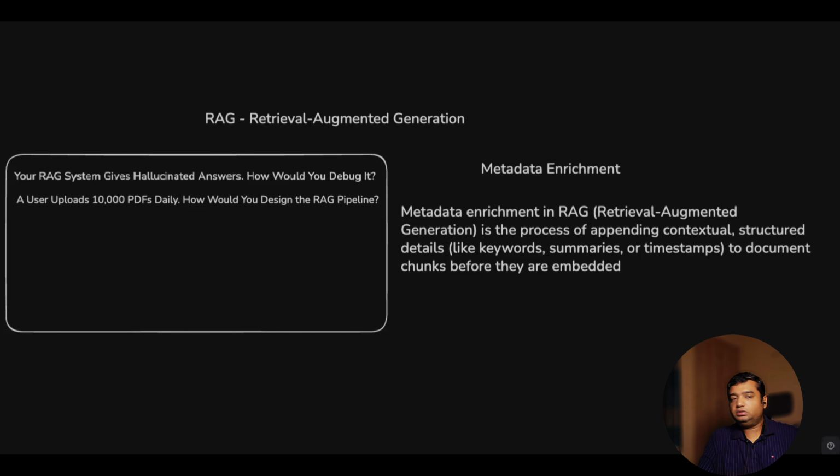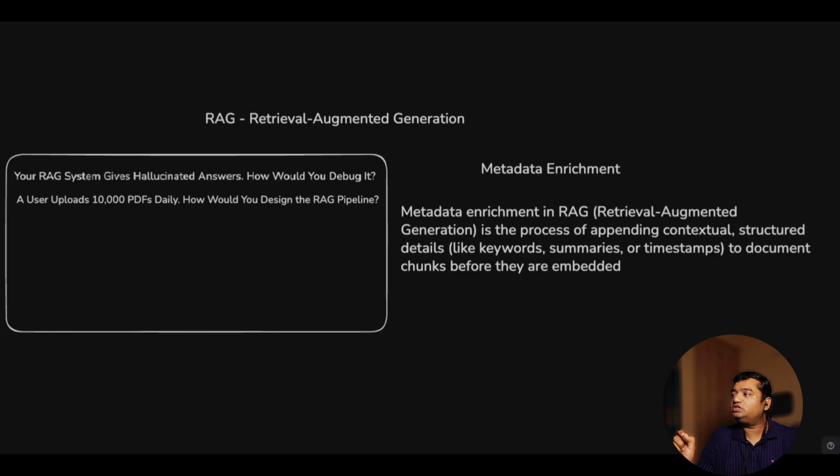Now you will focus on metadata enrichment. For creating an enterprise-level RAG pipeline, metadata enrichment is very important, as you are bringing the semantic answer and the hard fact, direct answer, into a single place.